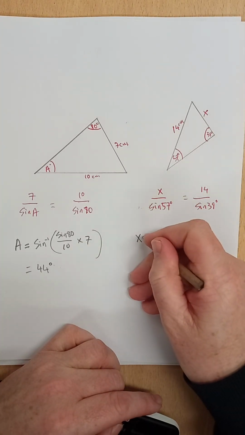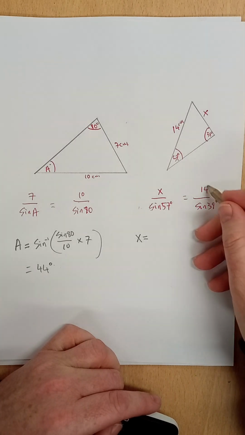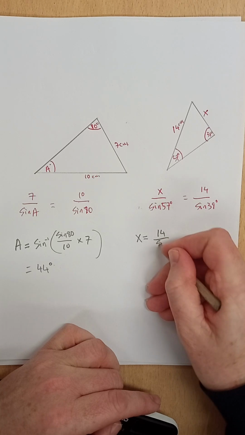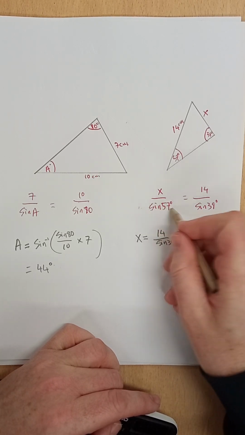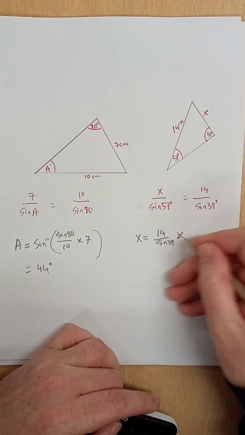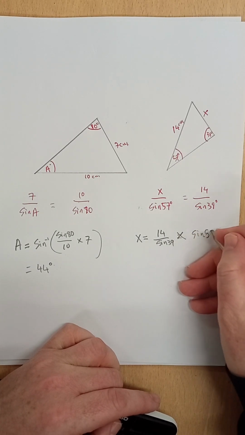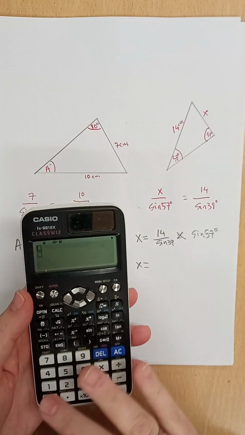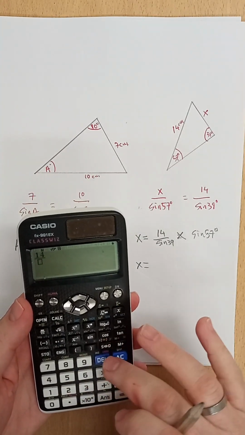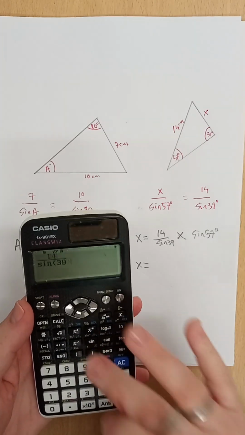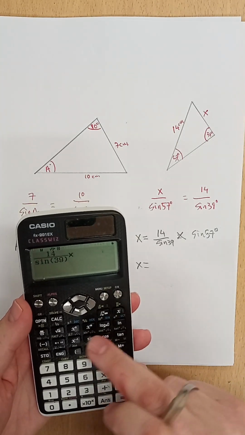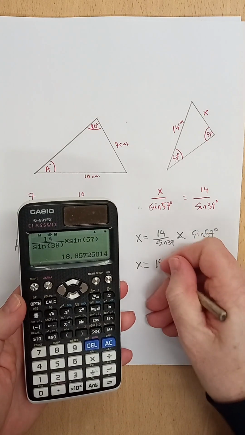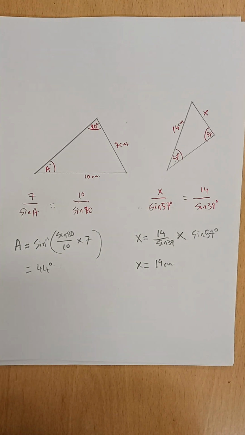If I'm missing the side, I leave the fraction as it is and just multiply it by the other. I don't have to turn it upside down or anything extra. So fraction 14 over the sine of 39, multiplied by sine of 57. And to the nearest whole number, 19. And that's how you do it.